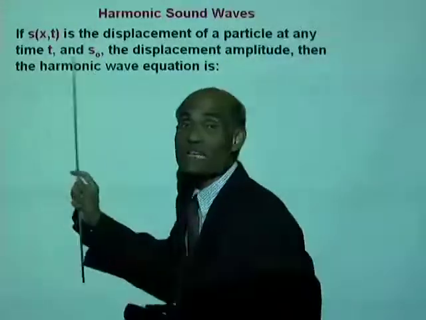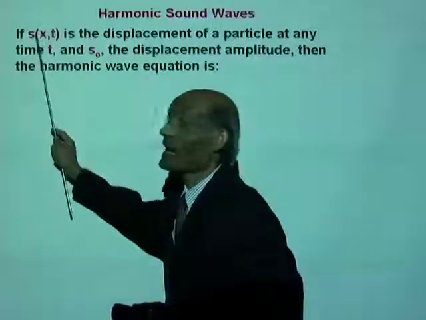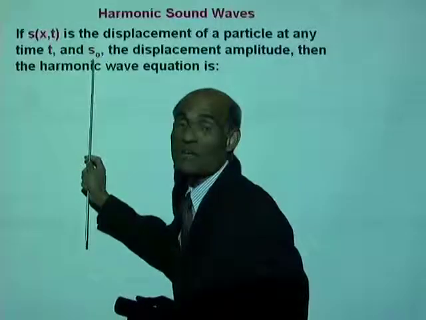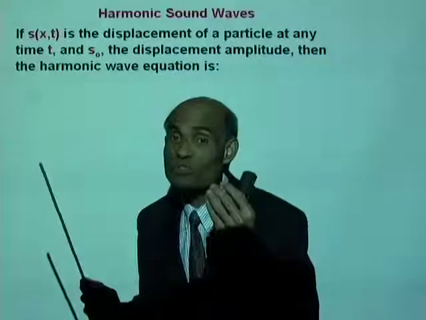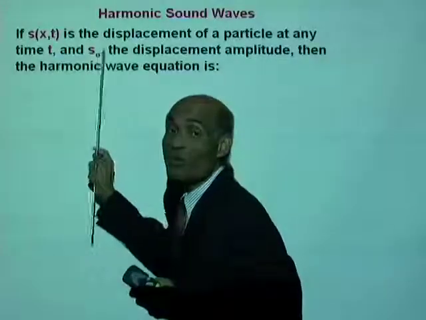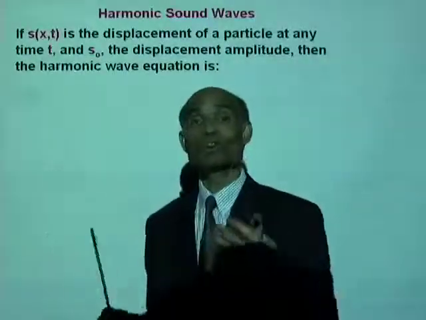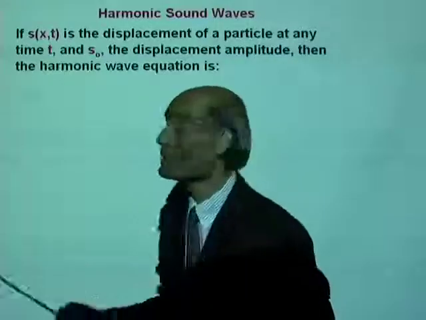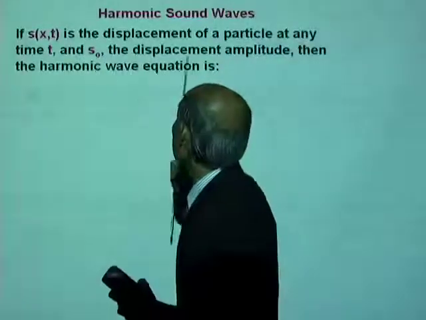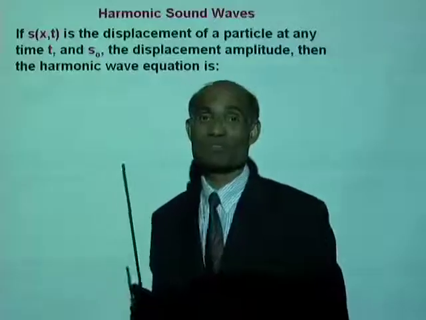So, in place of y(x,t), you have s(x,t), and in place of a, the amplitude, we have s0. S0 stands for the displacement at its maximum. We call S0 the displacement amplitude.